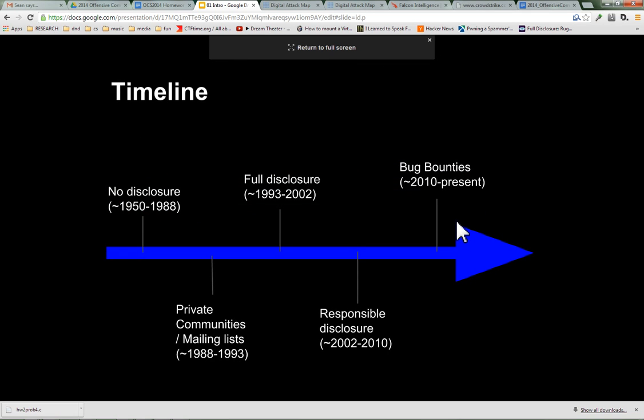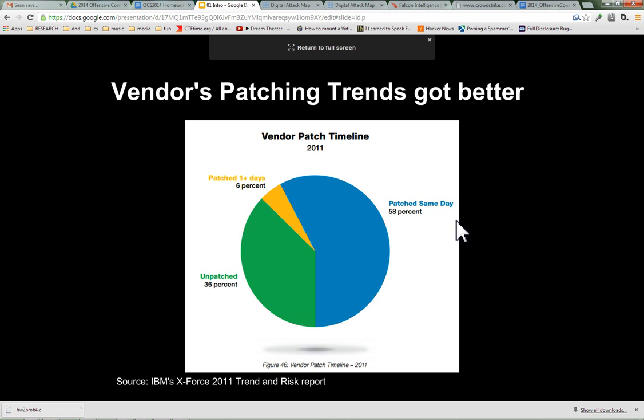But the timeline really is that we had no disclosure and security was just like a magical thing. And then private communities and mailing lists, and that was broken by people getting in on them, and then we had full disclosure because the vendors weren't solving anything, but that just created more problems. So that spawned responsible disclosure and the efforts we have today for bug bounties.